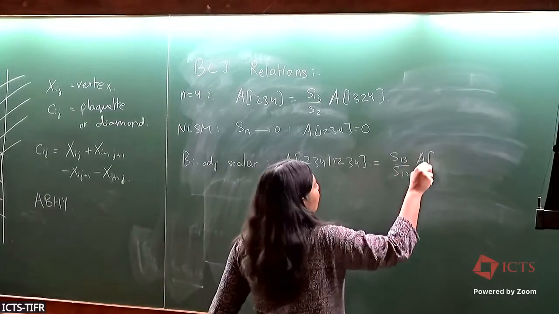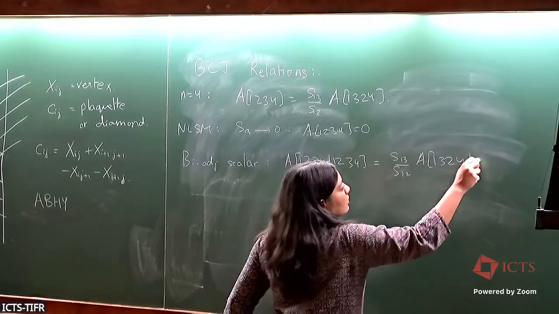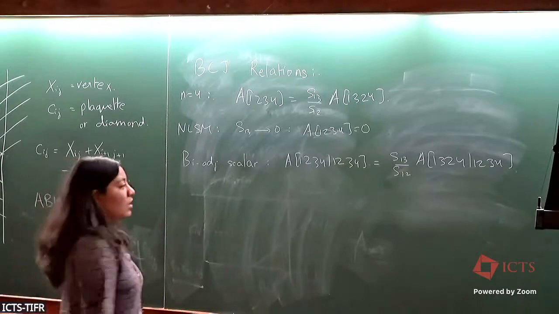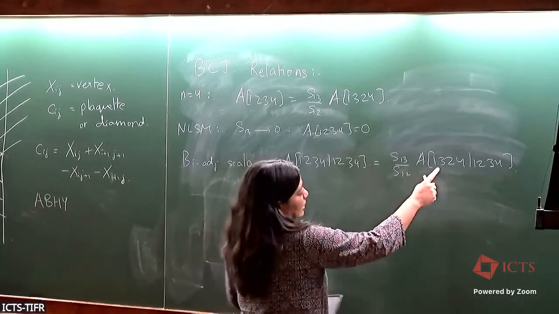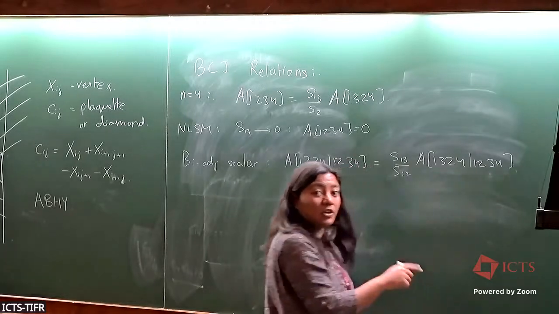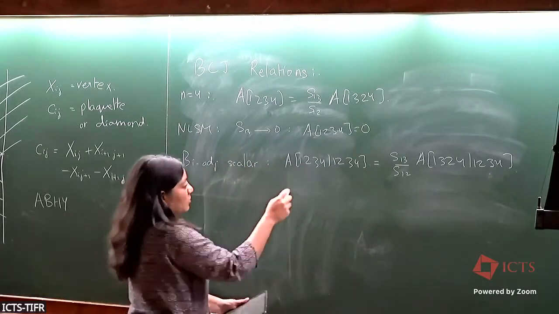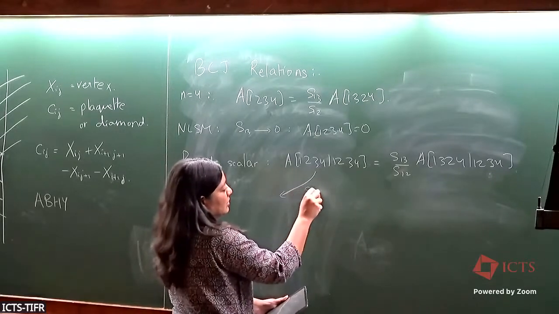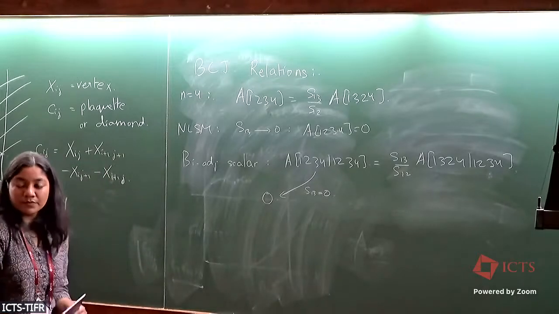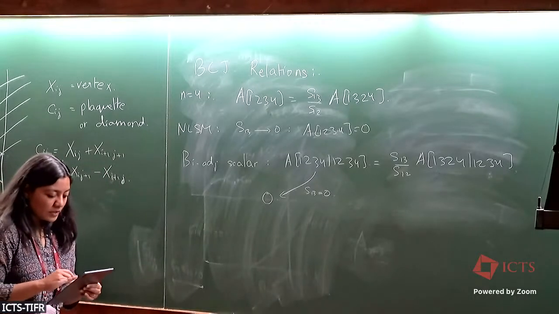So you can do the following, where I've just chosen my second ordering on both sides to be 1, 2, 3, 4. Initially there would have been a pole in S13, but because it's not compatible with the second ordering, there's no pole in S13. Once again, when S13 is 0, because of the BCJ relations, this has to vanish. Okay, good.